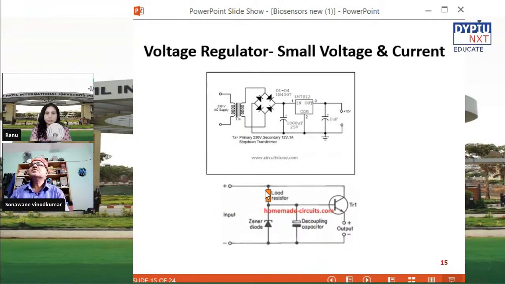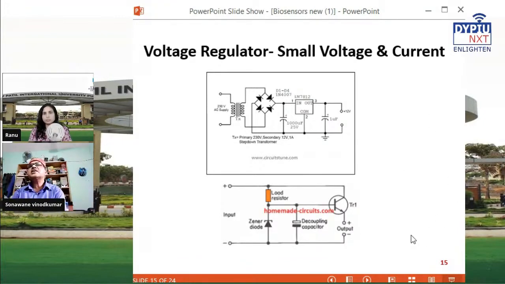So this is the universal voltage and current device. This is basically a voltage regulator. We may call this an eliminator or the power supply.